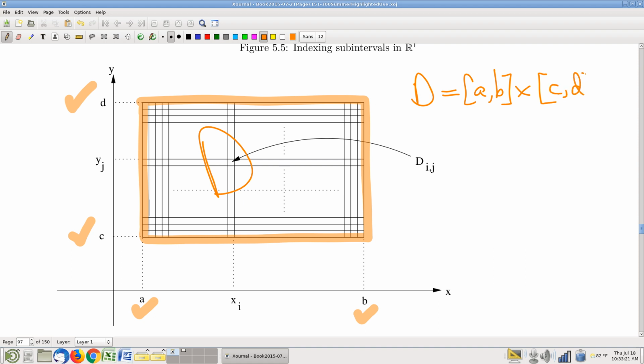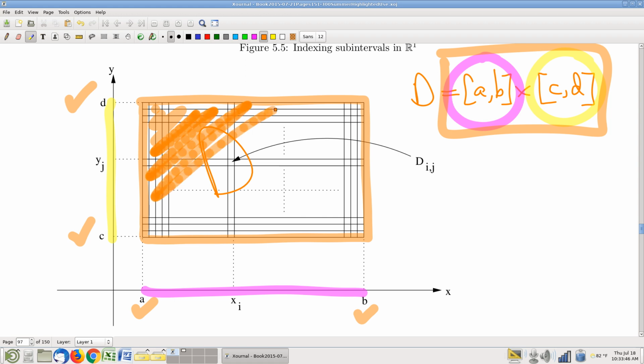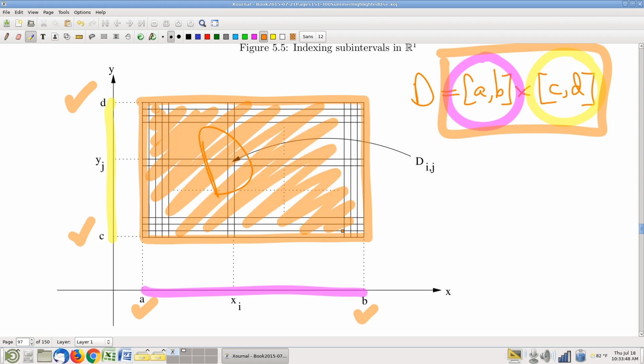The idea of this notation is that its shadow on the x-axis is that interval, and its shadow on the y-axis is that interval. And the little cross in between, it's not a vector cross product. That cross is just saying that what we're interested in is the whole thing whose shadows are those intervals. Okay, so that's notation that gets used. Heads up.